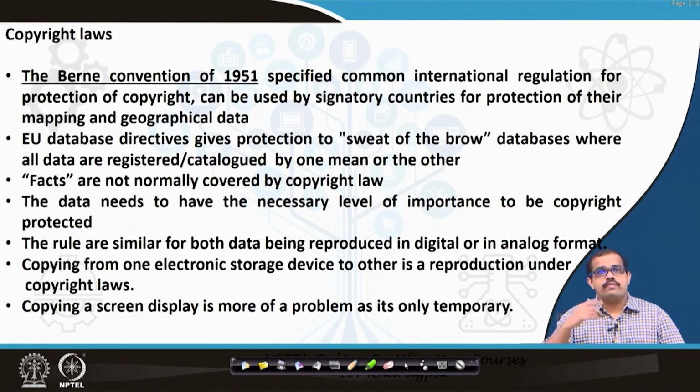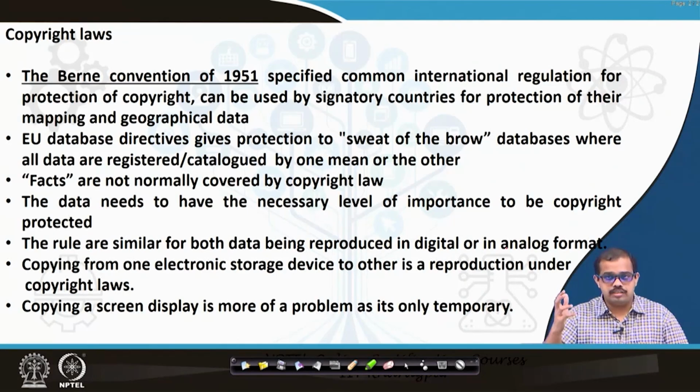When you look at the copyright laws that normally govern such digital data, you have the Berne Convention of 1951 which specified common international regulations for protection of copyright. Then you have an EU database directive that gives protection to a set of broad databases where all data are registered or catalogued by one means or another.